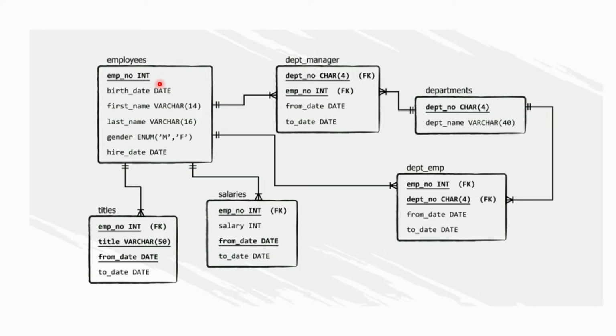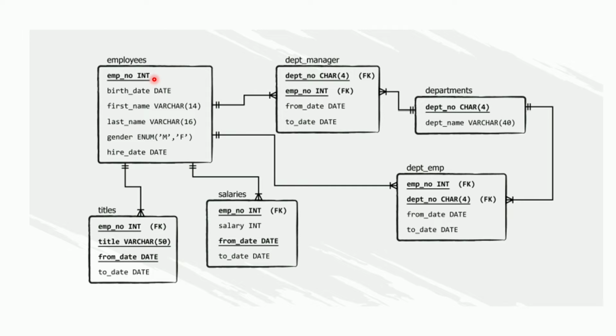Let me go to the schema. We can see the schema over here. In the schema we have the main table, that is the employees table. We have a department manager table, a departments table, titles, salaries, and department employees table. So these are the 6 tables that we have. How are they connected? There is an underline.